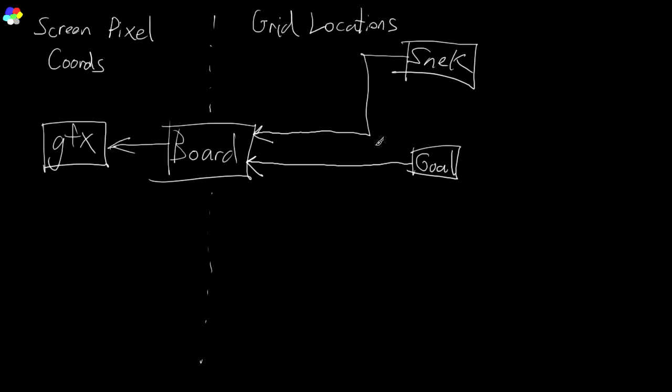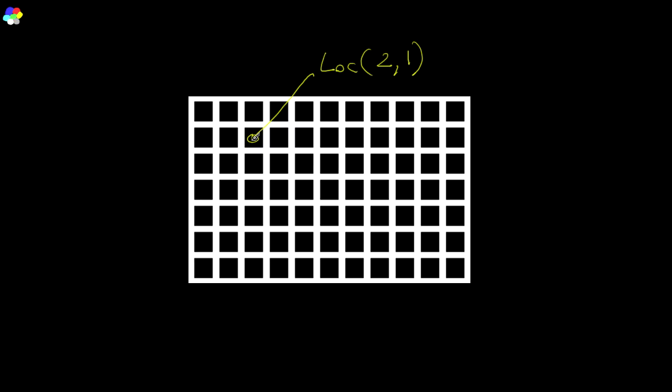And they're just going to draw themselves as rectangles on the grid in grid coordinates, and then the board is going to translate that into actual rectangles drawn on the screen. Now, between our entities and our board class, we're going to have a lot of functions and operations that deal in board space coordinates or grid space coordinates. So it's going to be int x and int y in grid space. And that's fine.